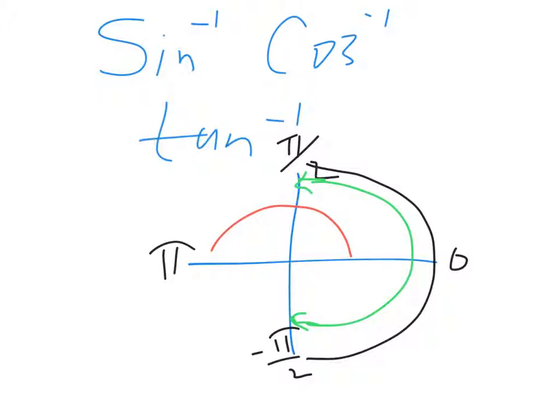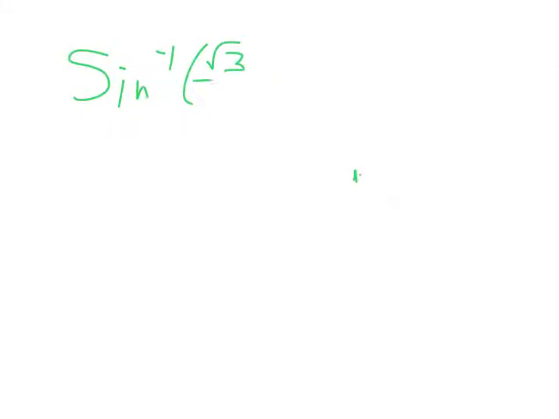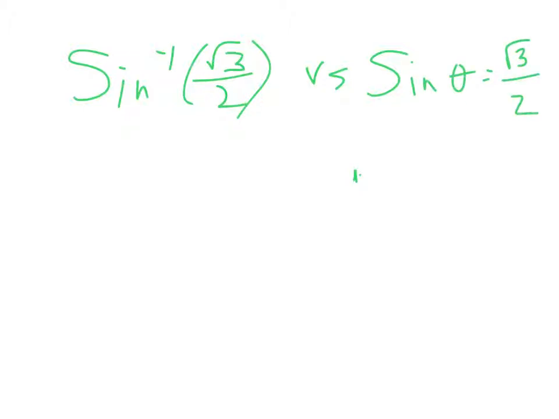So now, remembering that, let's do one so that you only do it in the right quadrant. And I'd like you to see the difference here. Inverse sine of root 3 over 2 versus sine of theta equals root 3 over 2.